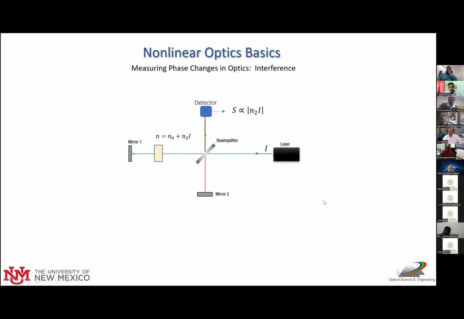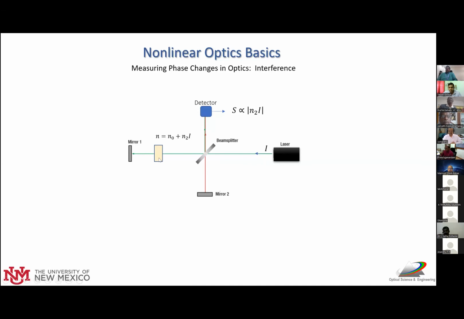Again, how do we measure a phase? In optics, as we all know, you cannot measure the phase directly; you have to reference it to itself, hence interference. For example, here I'm showing a Michelson interferometer. The laser goes in and splits into two arms.